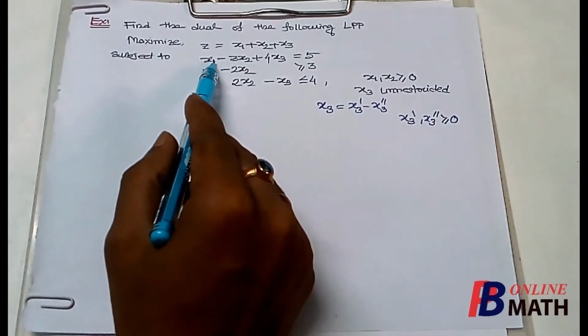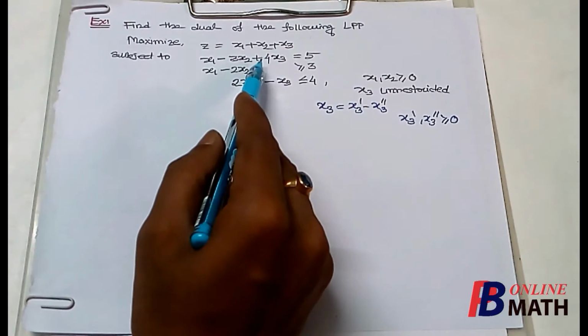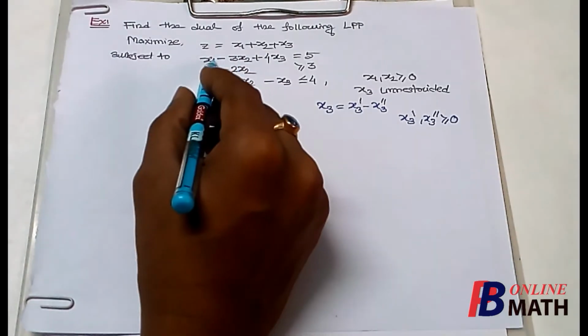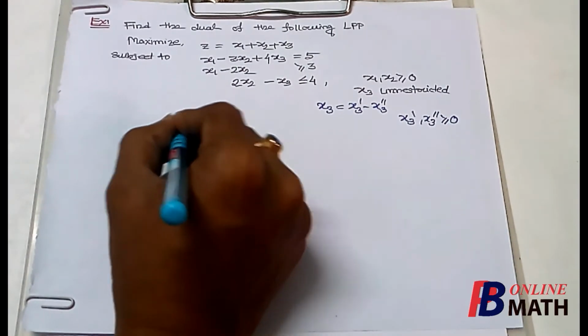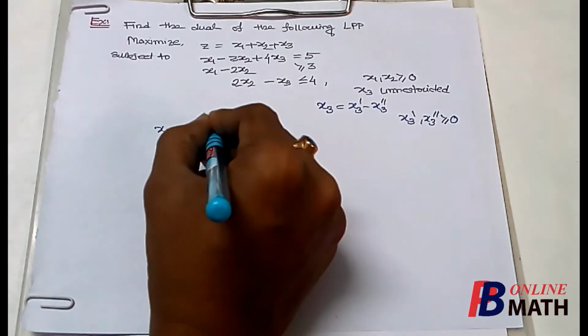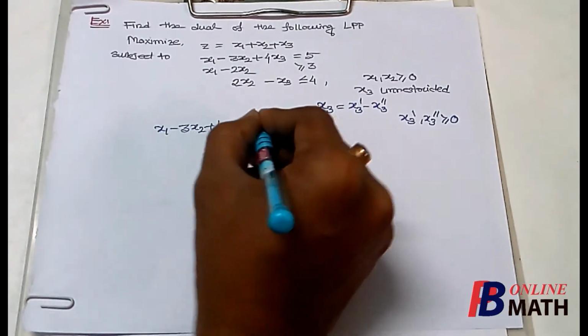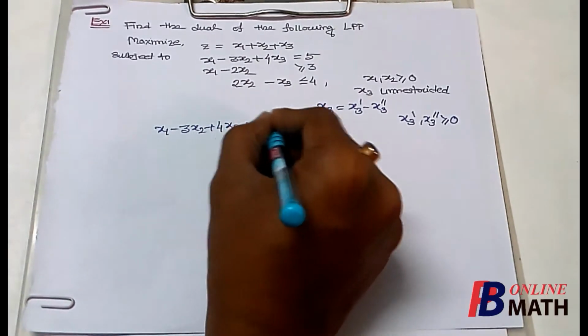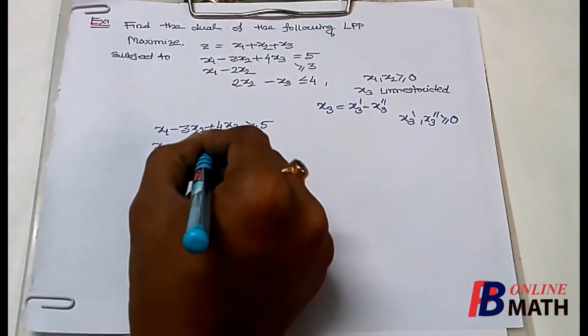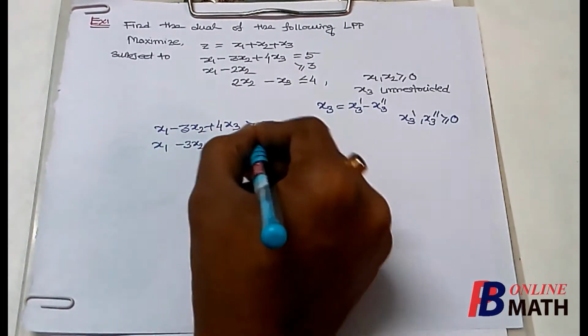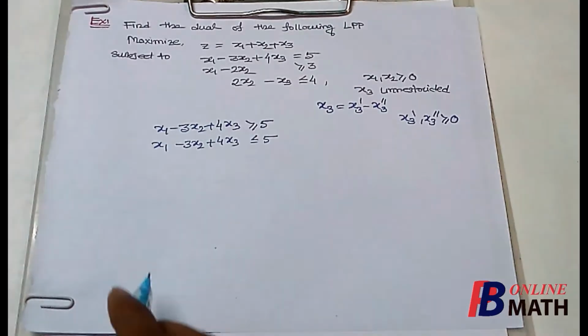Again, the first constraint is an equation. For that, we can write the first constraint in this alternative form, that is x1 minus 3x2 plus 4x3 greater or equal to 5, and x1 minus 3x2 plus 4x3 less or equal to 5.